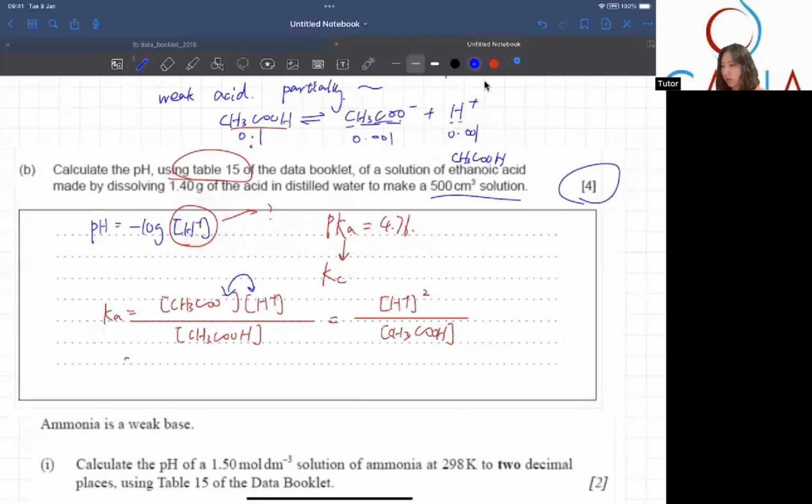So our H+ is essentially equal to, if we do some math, Ka times the concentration of the CH3COOH in this case.